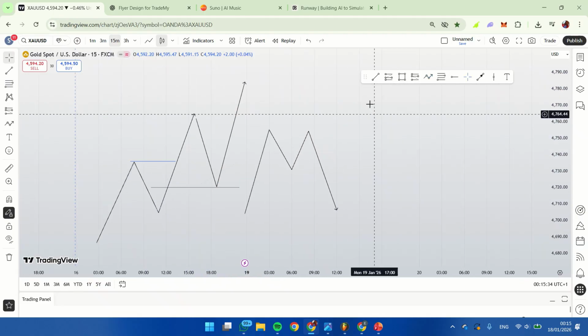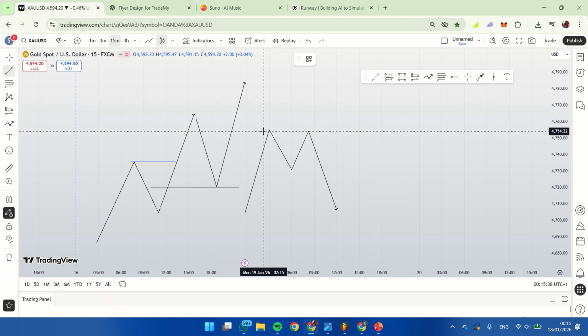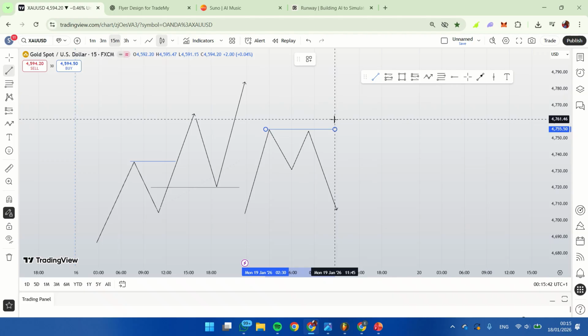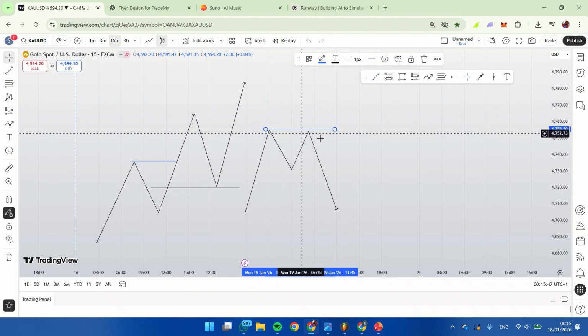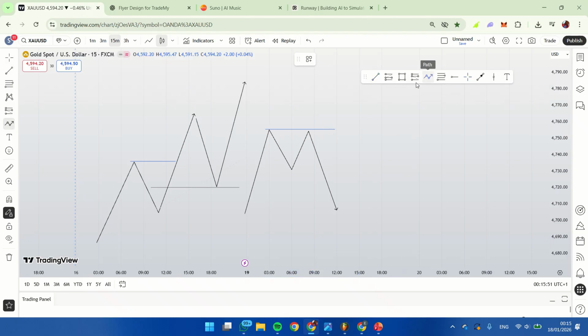Then for this one, what you are paying attention to is if price fails to make a break of structure, right? So what you are trying to look for here is your entry confirmation. So let's assume on the lower time frame we have price moving up, down.